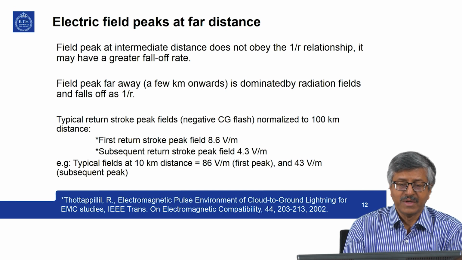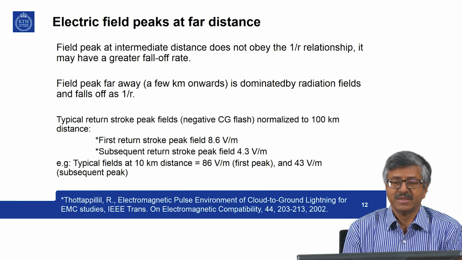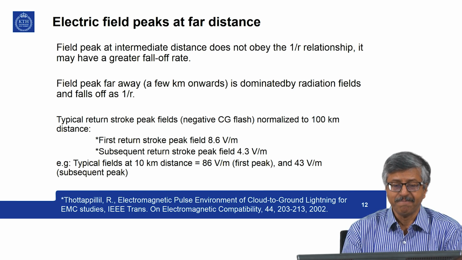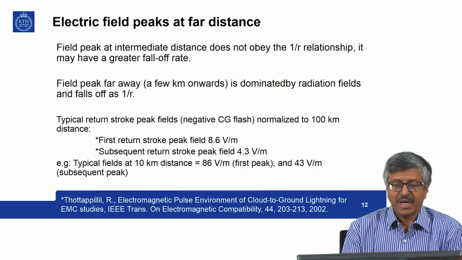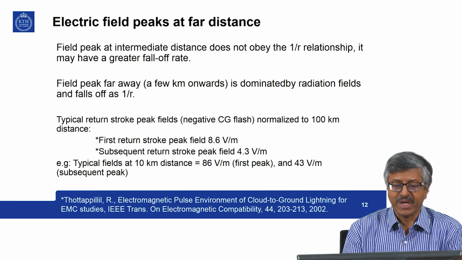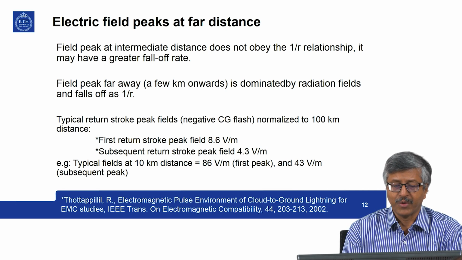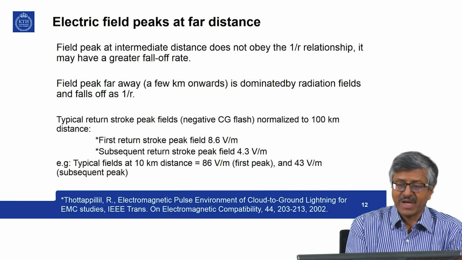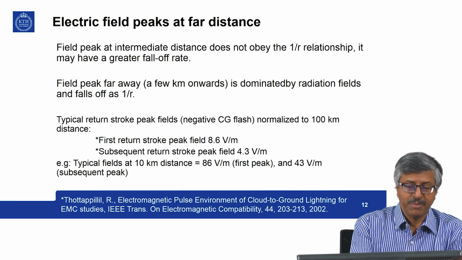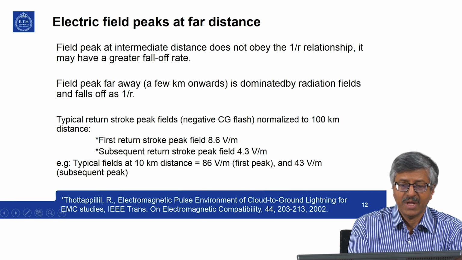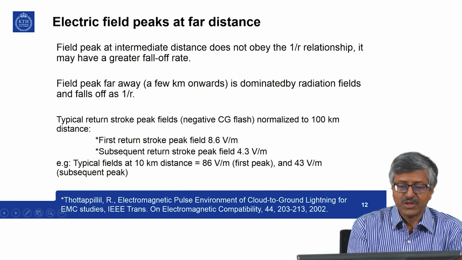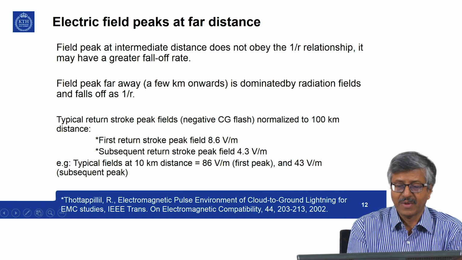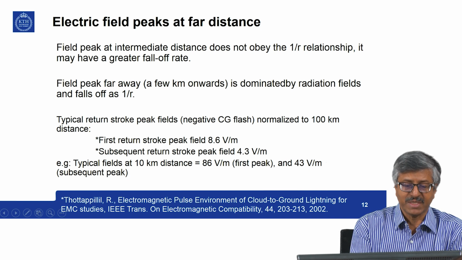For the first return stroke peak field, it is given by the value 8.6 volts per meter or around that value, and for subsequent return stroke peak it is around half that value, 4.3 volts per meter. So, since it obeys roughly 1 over r relationship far away, say typical fields at 10 kilometer distance, you can find it to be 86 volts per meter first peak and 43 volts per meter subsequent peak.